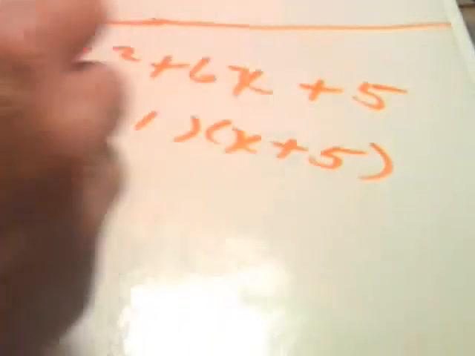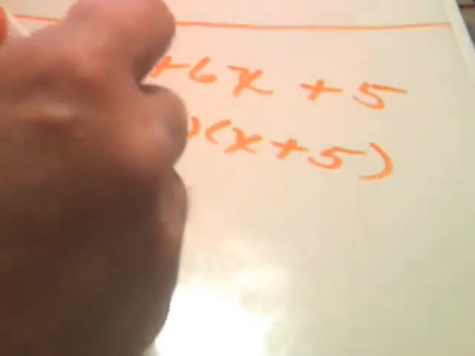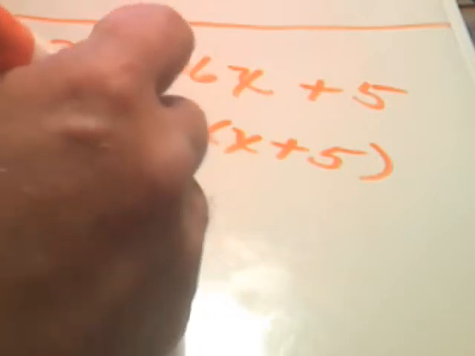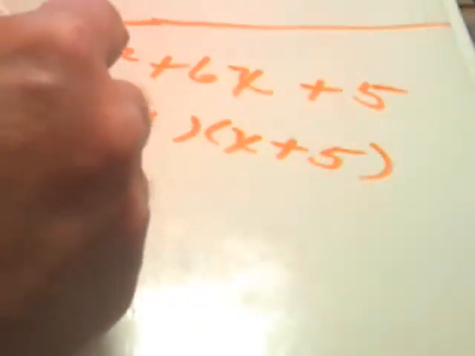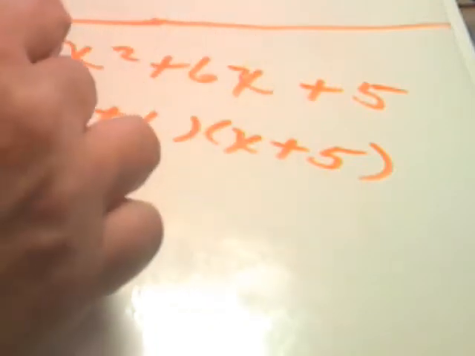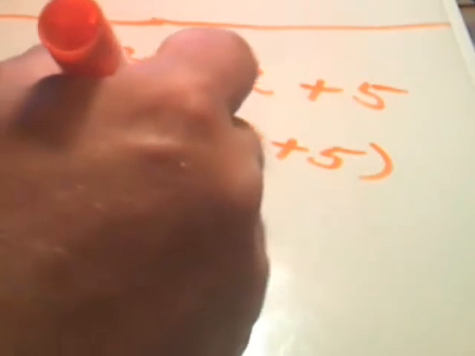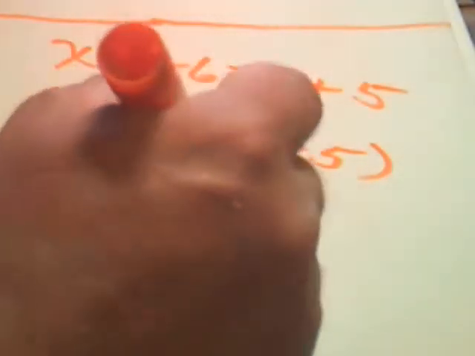Now we've got x times x, which is x squared. Then, and I'm using the FOIL method, by the way, first, outer, inner, last. So that was the first, and then the two outer ones, which is going to be a positive x times 5, or 5x.